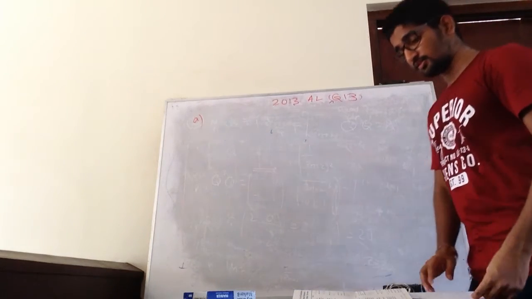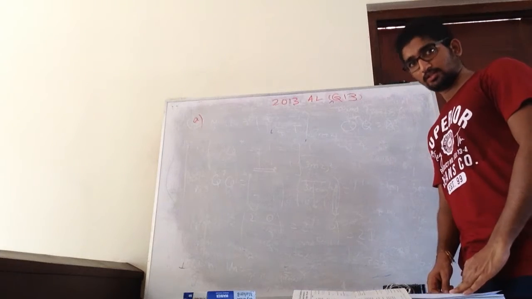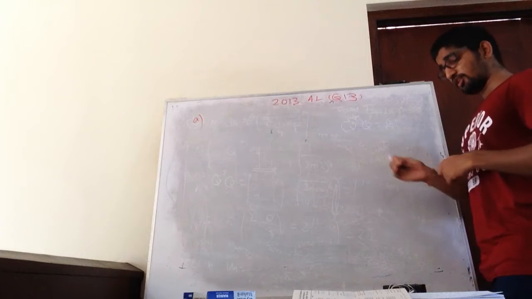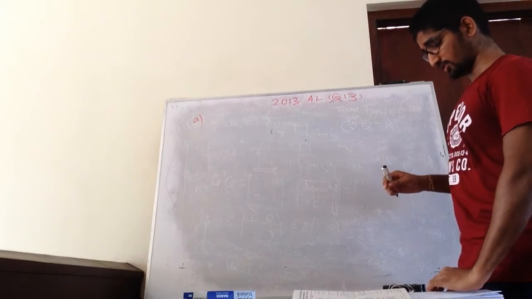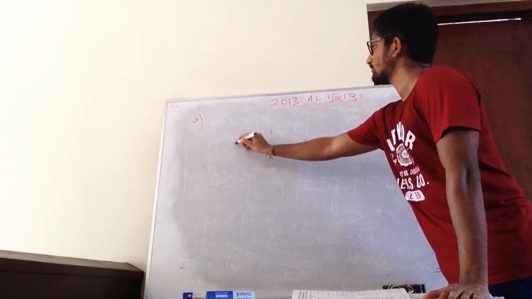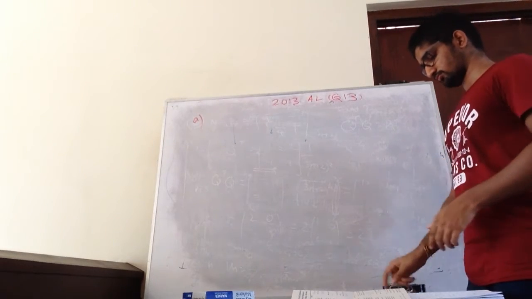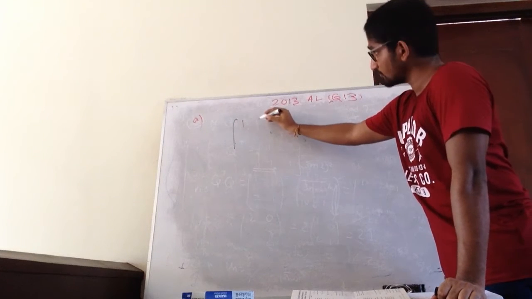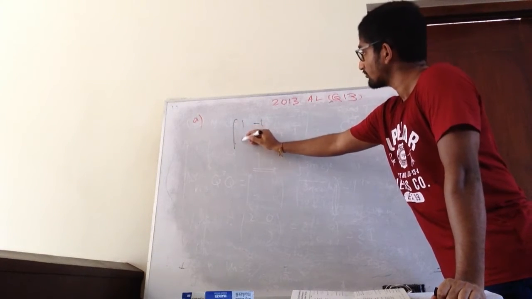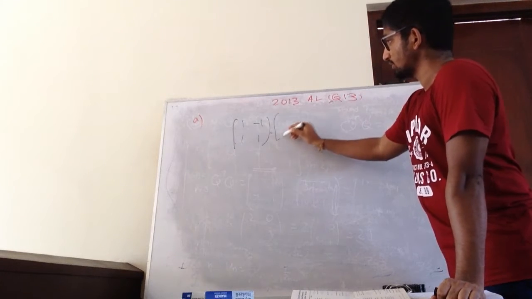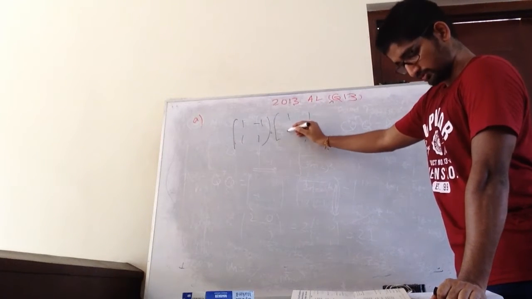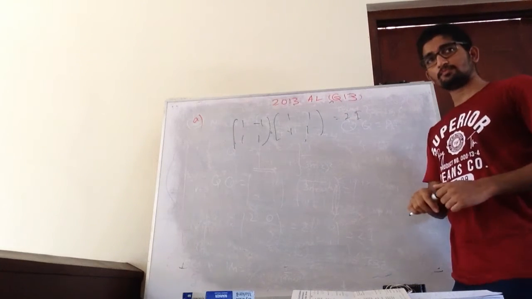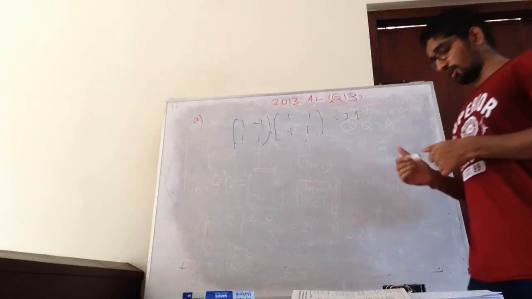So they have given a matrix P, and now we basically got this, no? Q transpose Q, which is [1, 1; -1, 1] times [1, -1; 1, 1], is 2I. Correct.